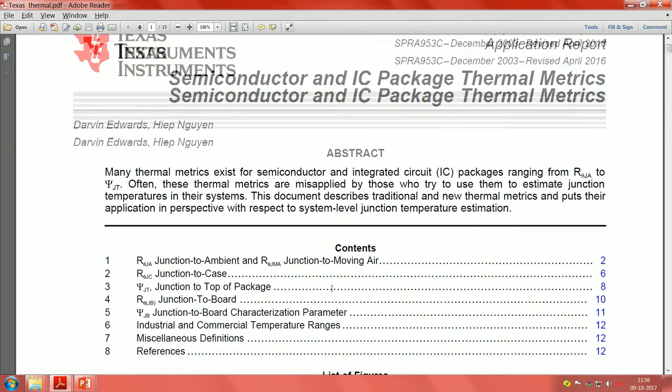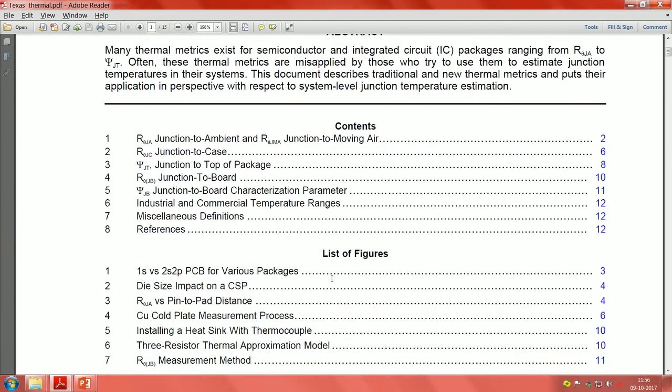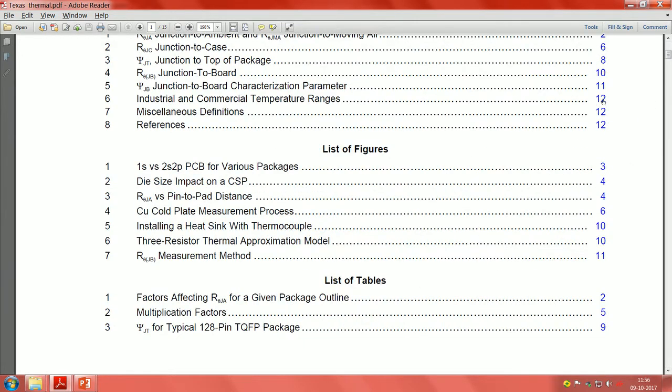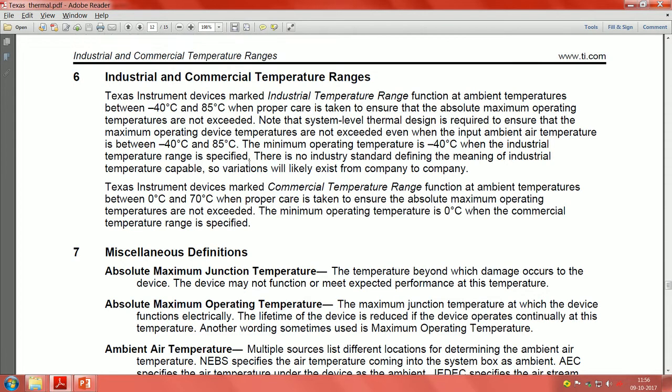Various things, including junction to moving air and industrial and commercial temperature ranges, and a large number of these are already listed here, which is very encouraging.